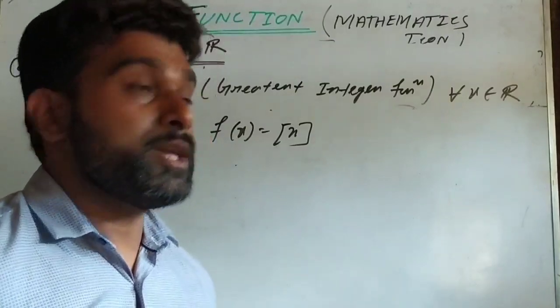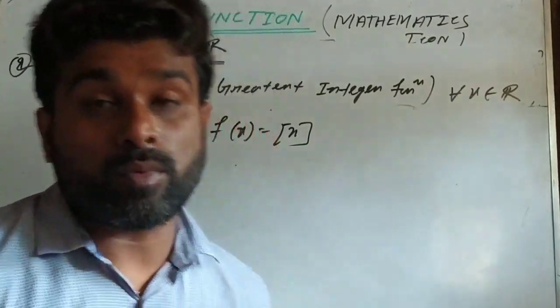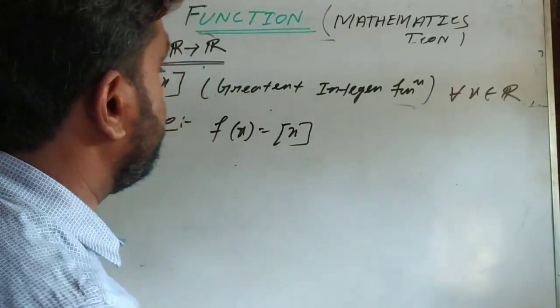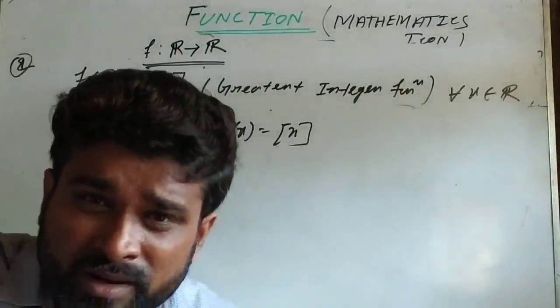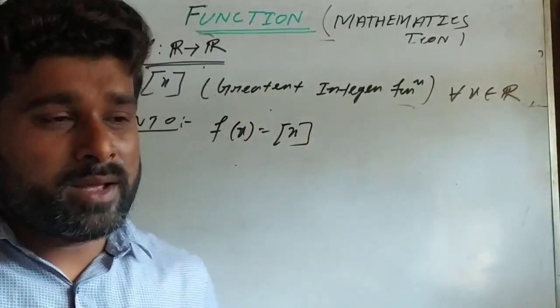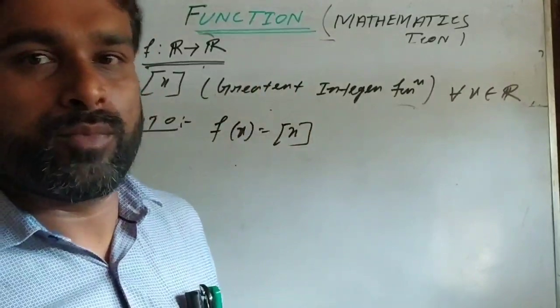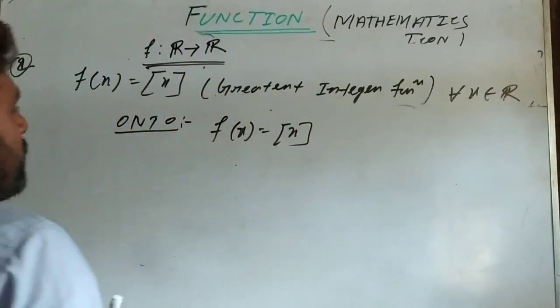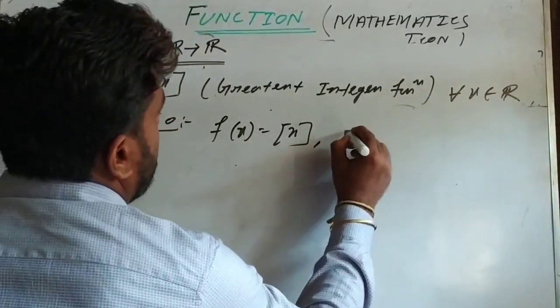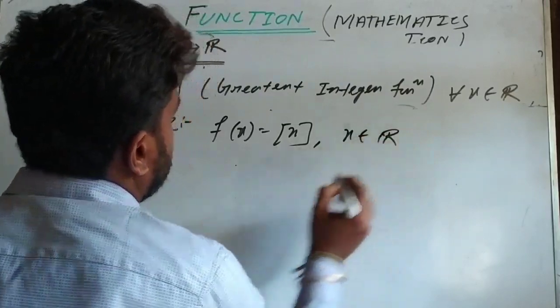Here you have to solve this type of question theoretically, mod and box of x. If you have any polynomial, then you can use that kind of process. Here x belongs to the real numbers.